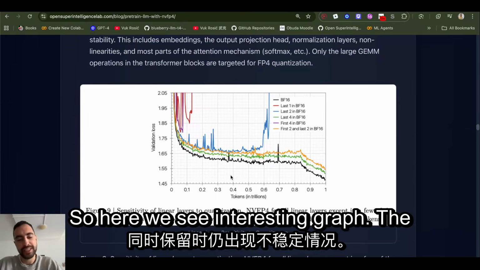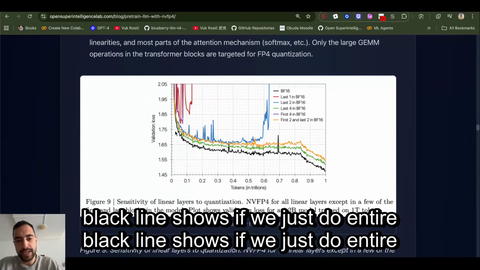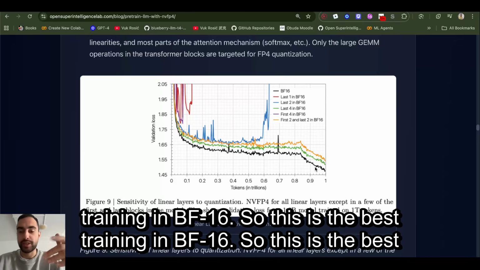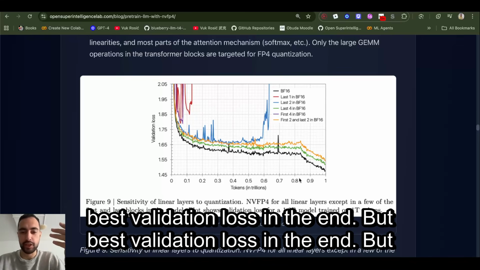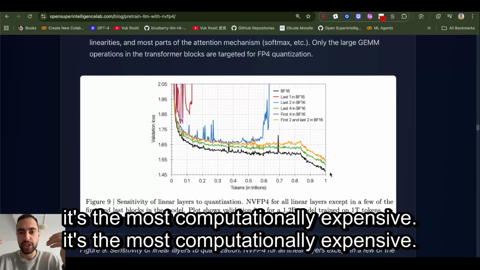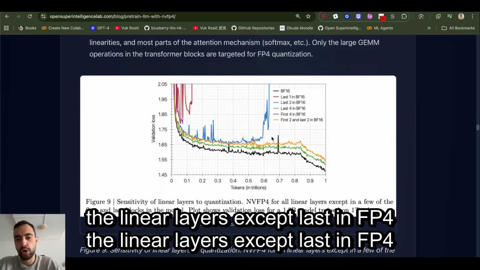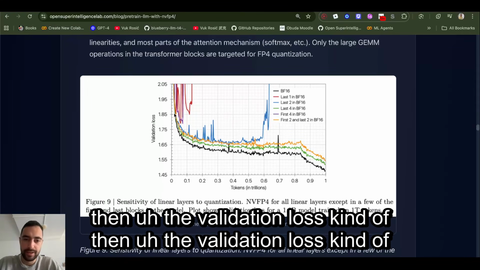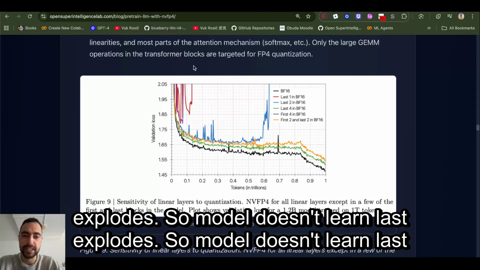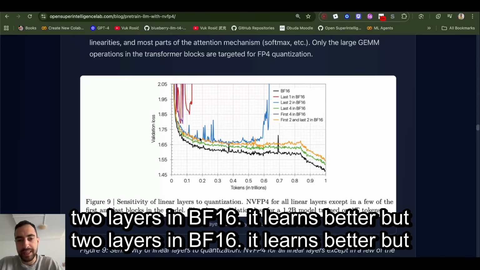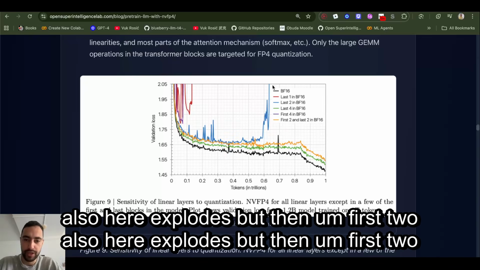So here we see an interesting graph. The black line shows if we just do entire training in BF16. So this is the best validation loss in the end, but it's the most computationally expensive. If we keep all of the linear layers except the last in FP4, then the validation loss kind of explodes, so the model doesn't learn. With the last two layers in BF16, it learns better, but also here it explodes.